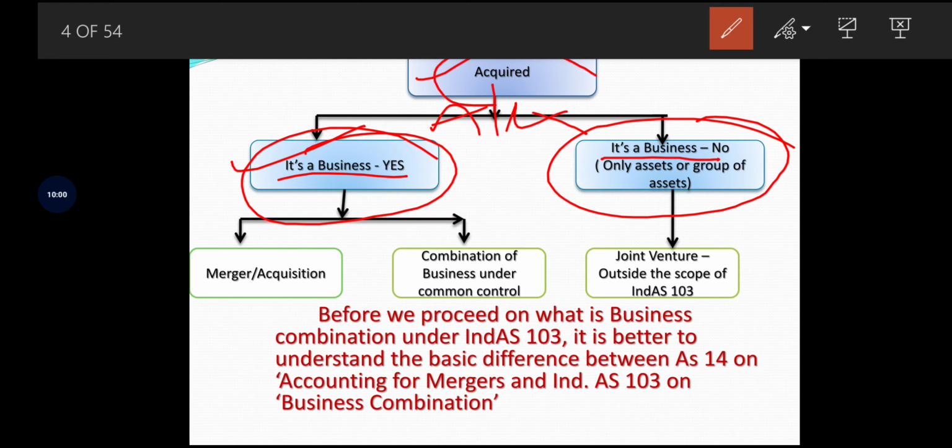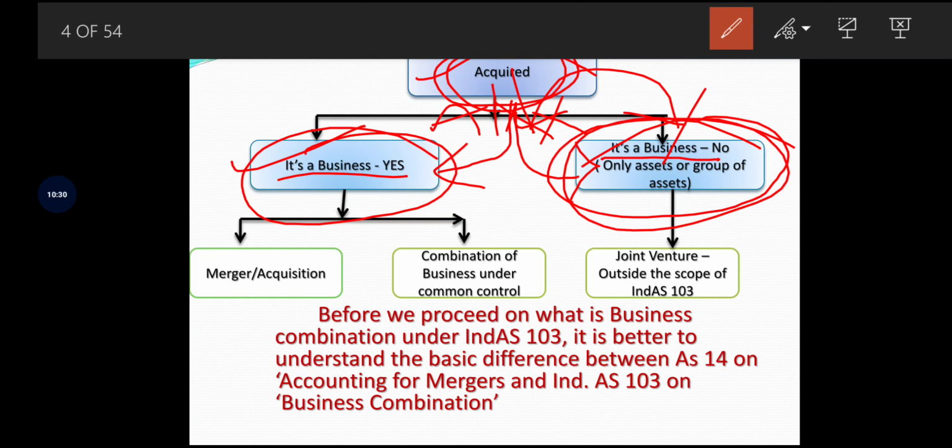In the first case, the company purchased the assets and liabilities of a particular company that is completely engaged in business. In the other condition, the acquiring company purchases the assets and liabilities from another person who is not engaged in business.